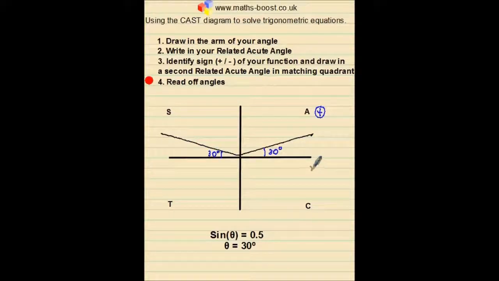Step 4, we read off the angles. Remember, we always start from this positive x-axis. So we have 30 degrees, 150 degrees, and we can cycle all the way around through 360 to give us 390 and 510 degrees.